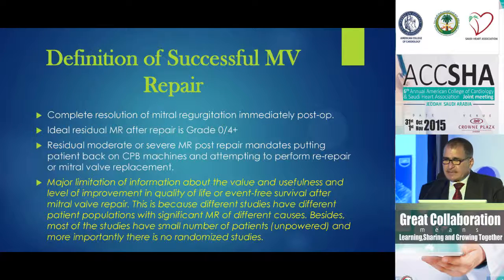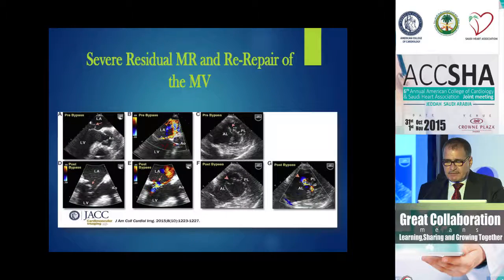This is a very nice example of a patient with severe residual MR. The patient had repair. After repair, as you can see in the left side panel, there is still severe mitral regurgitation by transesophageal echo. The patient went back to the OR and had a very nice result after that. This is what I'm talking about.